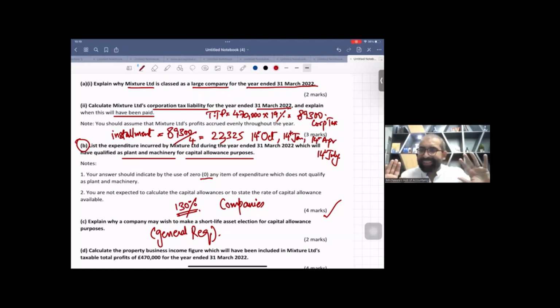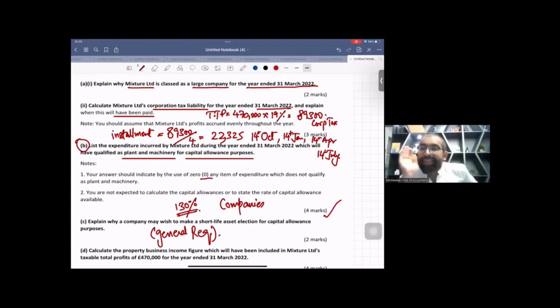You are old enough, mature enough to understand my words. If you are eligible for 130%, go for it. What are you waiting for? Then no need to do any short life asset election. No need to go for 18%. 130% is better than everything, the best of all.